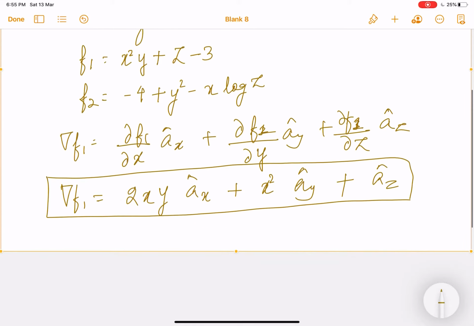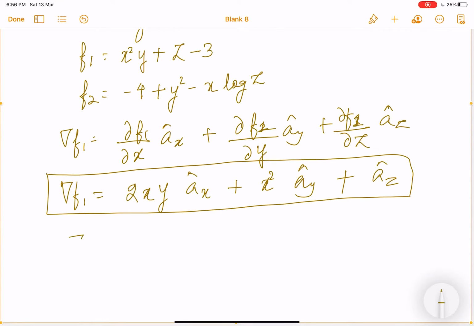Then for the second surface, what will I do? This is also partial derivatives in each direction, which is what the gradient is all about.